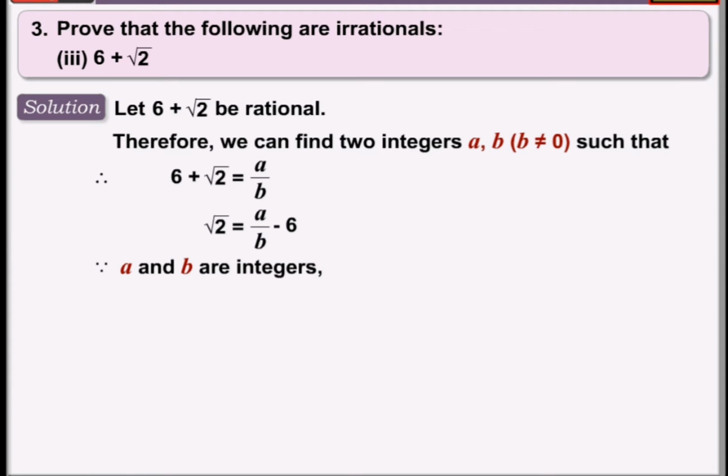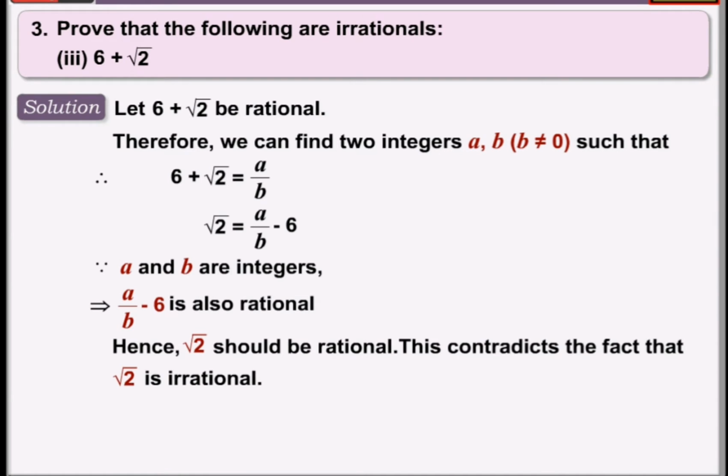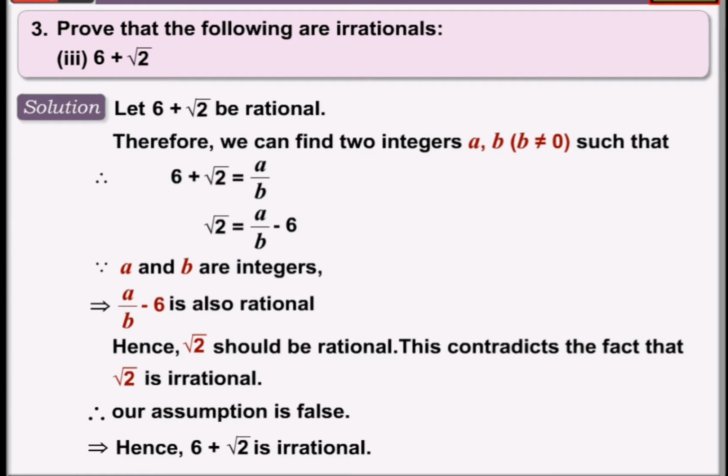Since a and b are integers, a upon b minus 6 is also rational. Hence, root 2 should be rational. This contradicts the fact that root 2 is irrational. Therefore, our assumption is false. Hence, 6 plus root 2 is irrational.